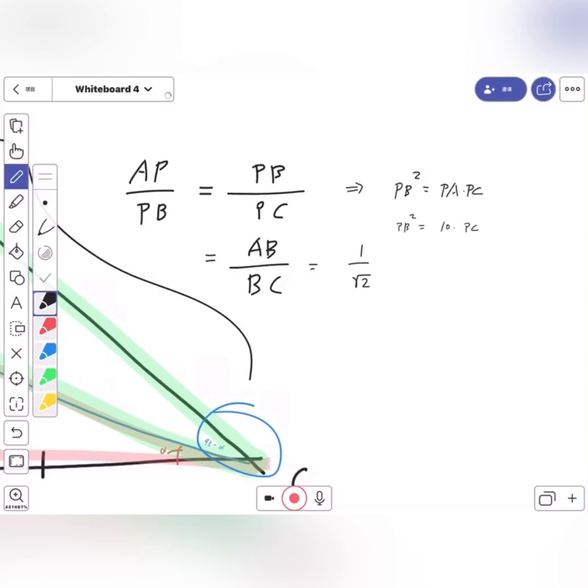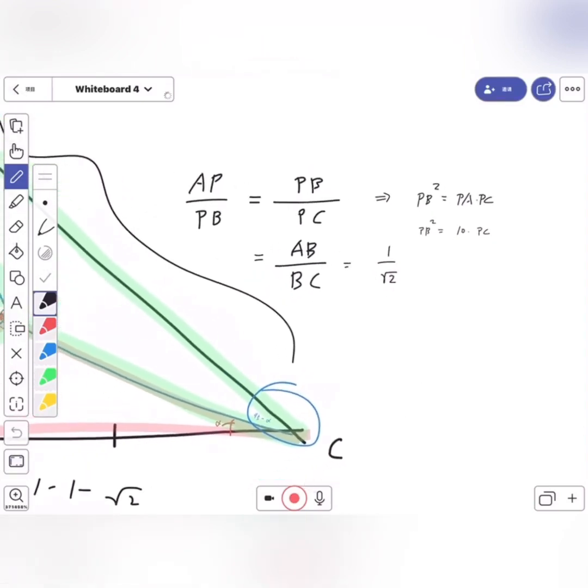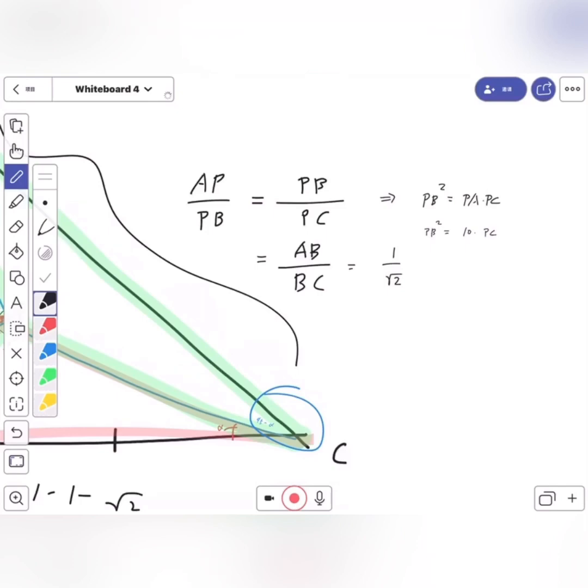Okay, so now can we find the expression of PC? Or can we find the value of PB? Because AP over PB is equal to 1 over square root of 2.